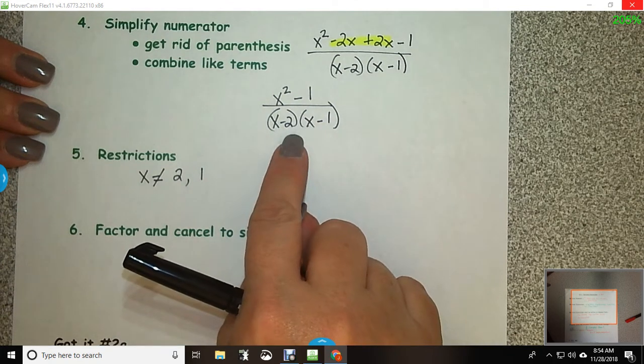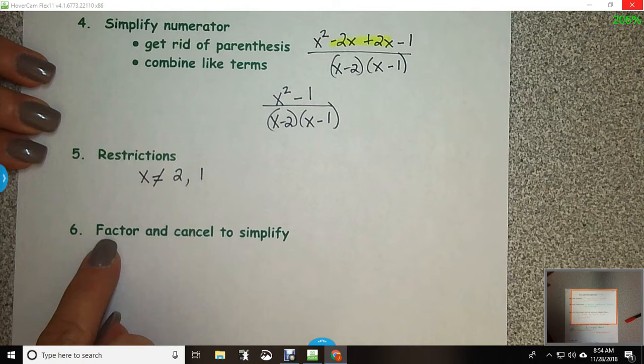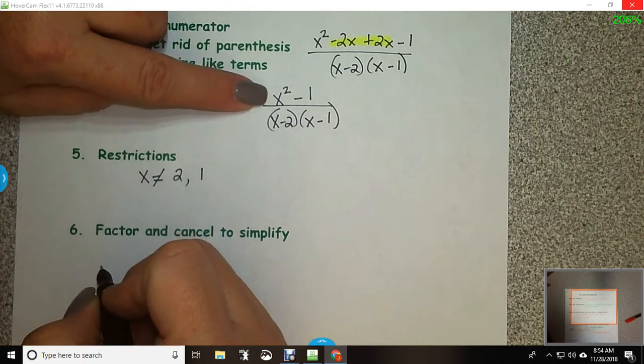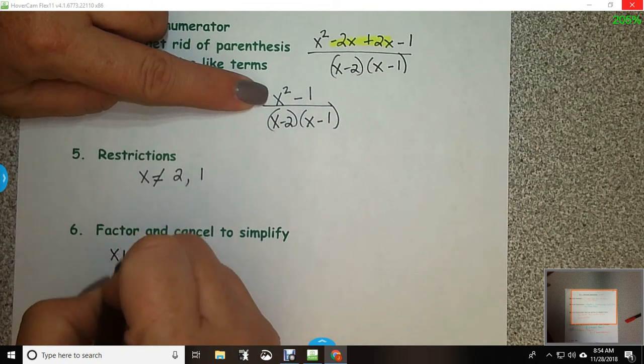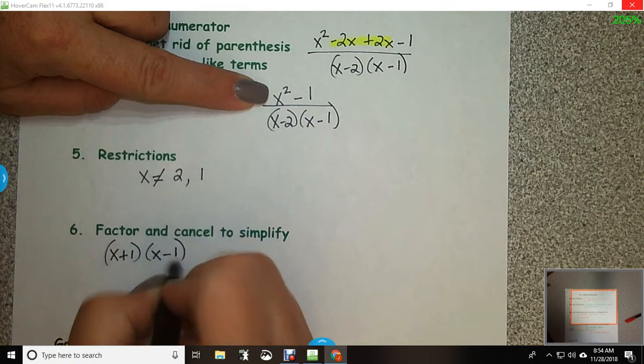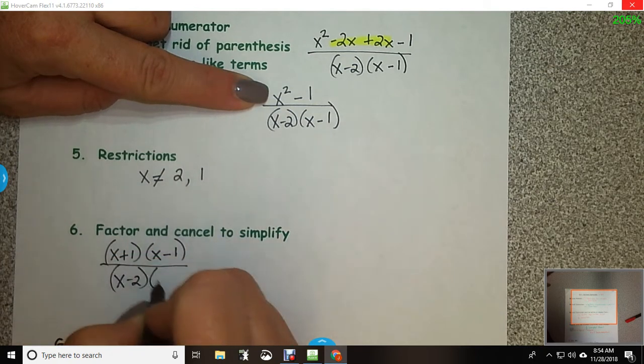At this point, this problem looks like some we did yesterday. We're just going to simplify that, which means I'm going to factor whatever else can be factored, and then I'm going to cancel. So this numerator will factor into x plus 1 times x minus 1, and I'm just going to recopy my denominator because it is already factored.